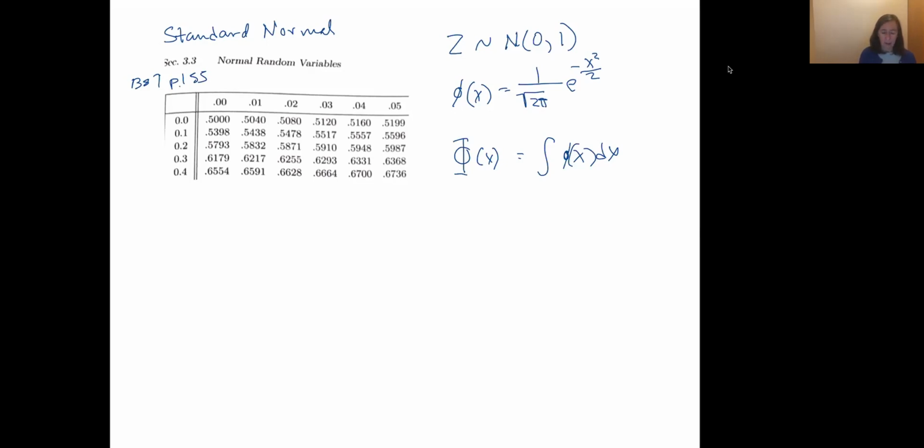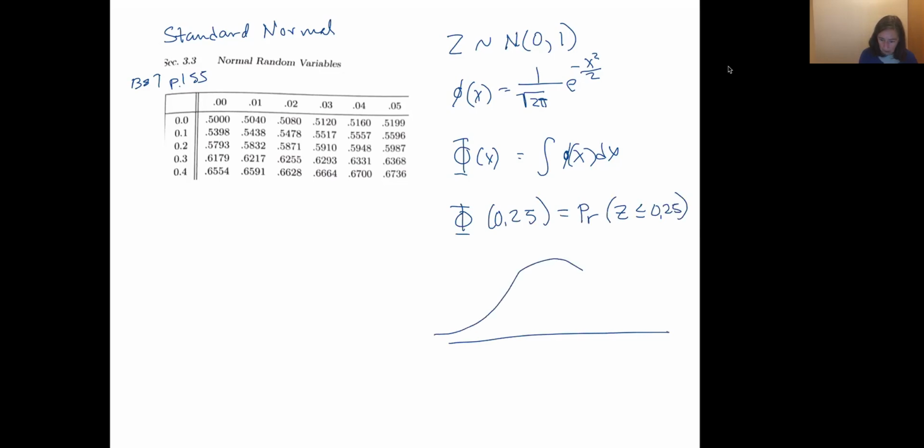And the way to read these tables, they do give us cumulative probabilities. And so if we want something like phi, the CDF of a standard normal random variable, for 0.25, we'd be asking what is the probability that that normal random variable with mean 0 and standard deviation 1, z, is less than or equal to 0.25.